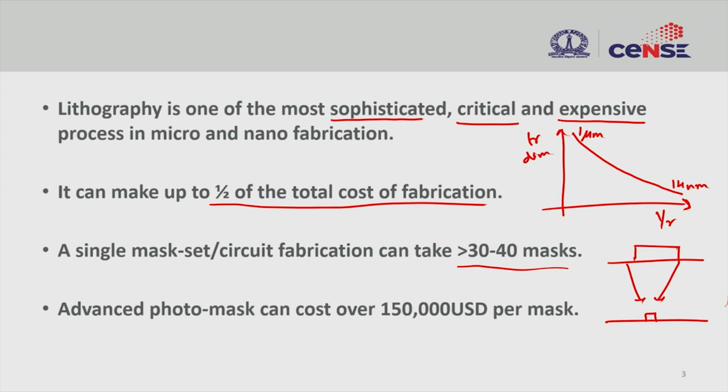So there are 30 or 40 layers that you have to use in order to make any functional circuit. And the cost, as I mentioned, each mask set can cost, mask alone costs about $1.5 lakh US dollars. So this actually increases as you move from lower mask technology to higher mask. So the functionality and sophistication increases, but at the same time cost also increases.